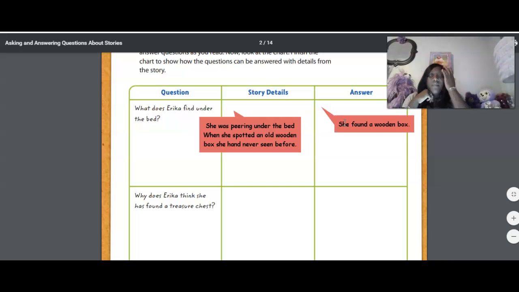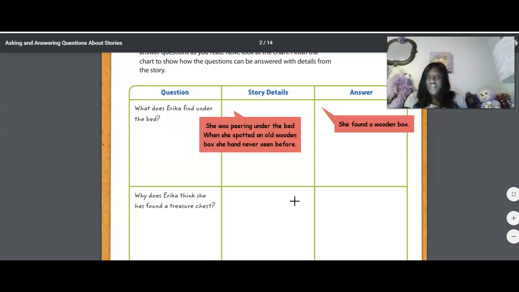Now, I want us to make sure that we understand where we have the story details. This is coming directly from the text. Where we have the answer, this is simply what is the answer for the question. But the story details help us to answer the question.